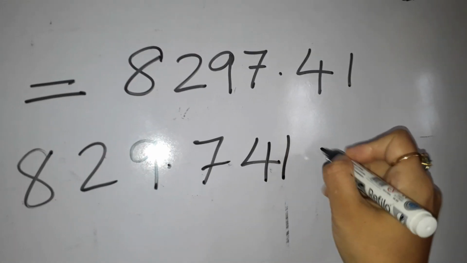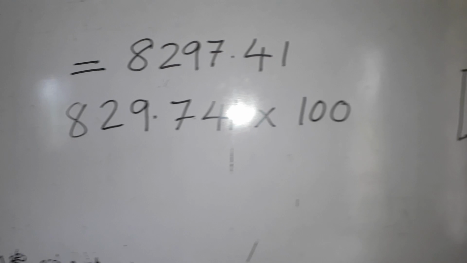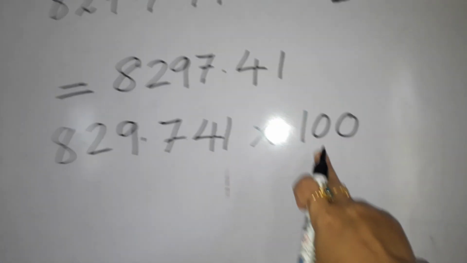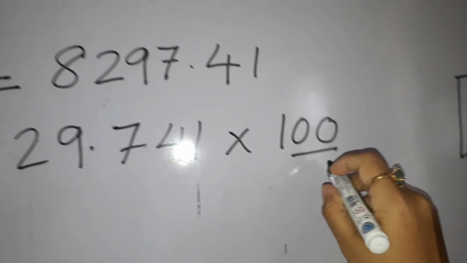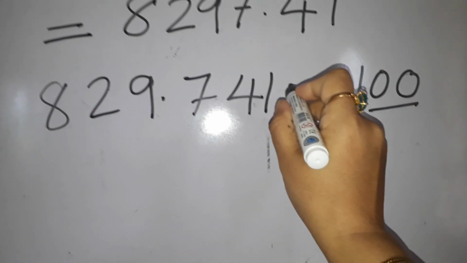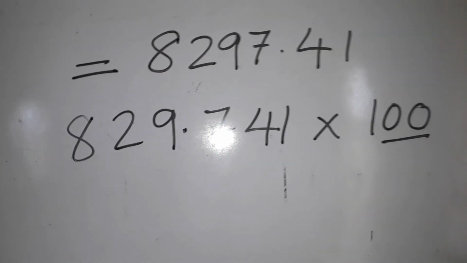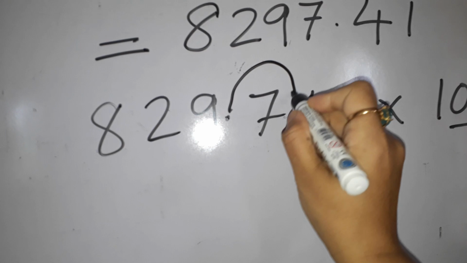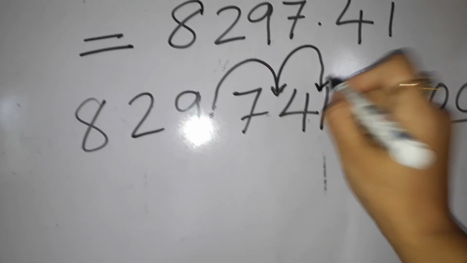Okay. Now we will take the same example and we will multiply it by the second power of 10, which is called 100. It has 2 zeros in it. So since 100 has got 2 zeros in it, the decimal point will move 2 places to the right in the multiplicand. So the decimal point is before 7. Now it will move first place and then second place.